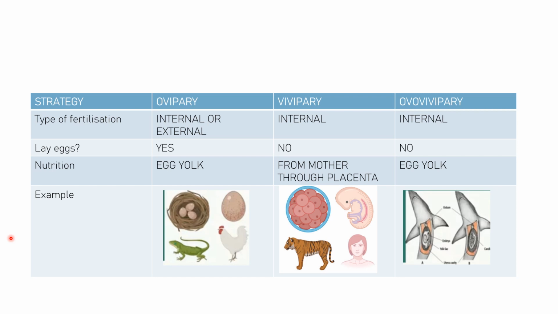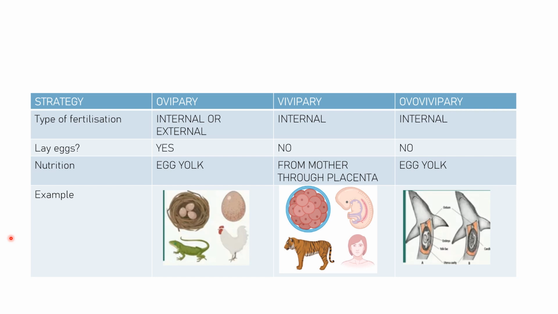But external fertilization is a type of fertilization that occurs outside the reproductive tract of the female. Okay, so it's just the opposite. Internal is the opposite of external, because we already know by the English meaning that internal means inside and external means outside. So internal fertilization occurs inside the female reproductive system, and external fertilization occurs outside the female reproductive system.